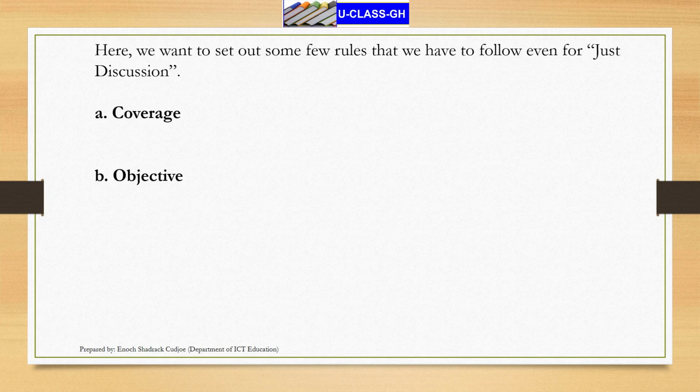Some discussions, you just do the discussion and then allow the student to critique. You point out the wrong things in it and you find solutions to it. That's just critiquing. So you should be able to determine the level of thinking or the instructional objective that you're expecting from the discussion.